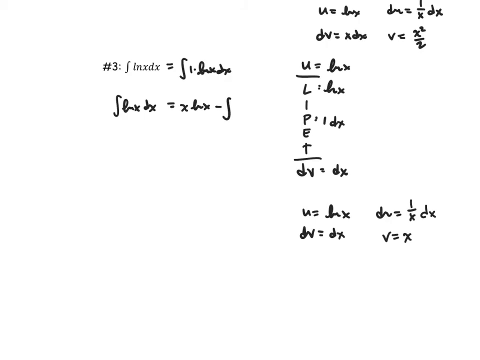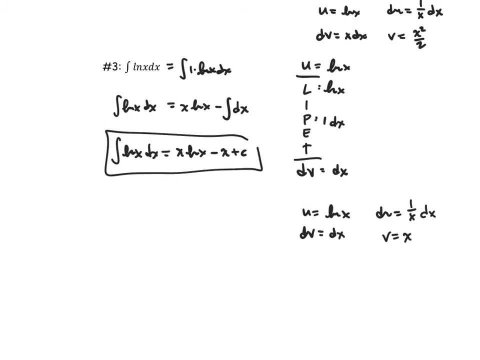Well, x times 1 over x is 1, so I get 1 dx. So the integral of ln of x with respect to x is x ln of x minus x plus c. There you have it. Okay, you should be at this point starting to get used to this process using LIPET and doing some derivatives and antiderivatives in the process. Let's look at the next slide.